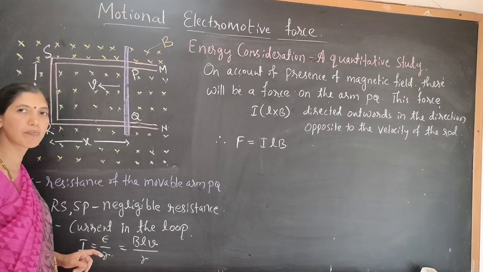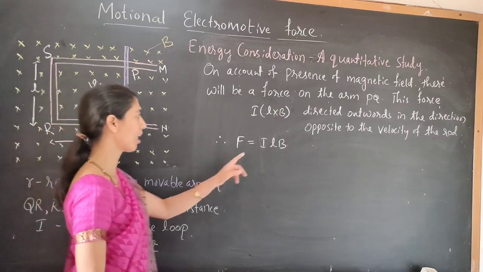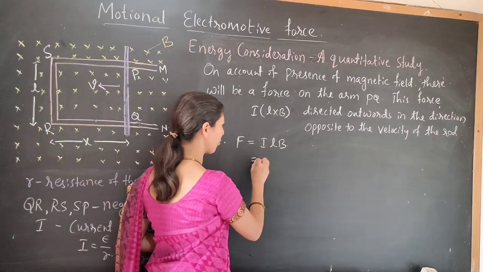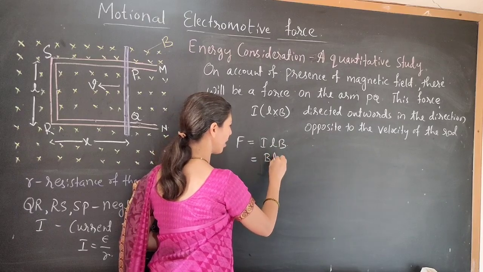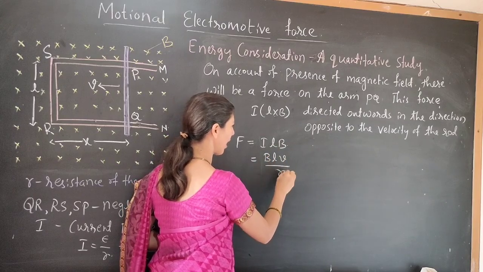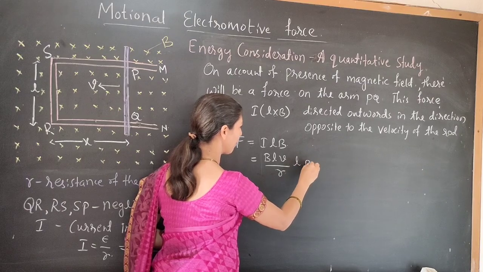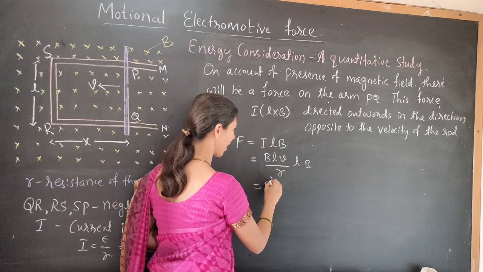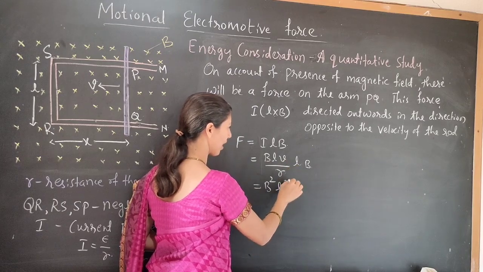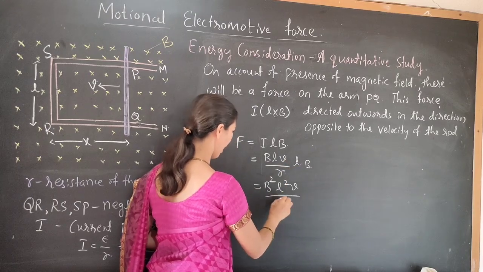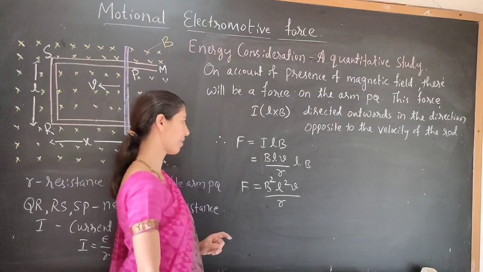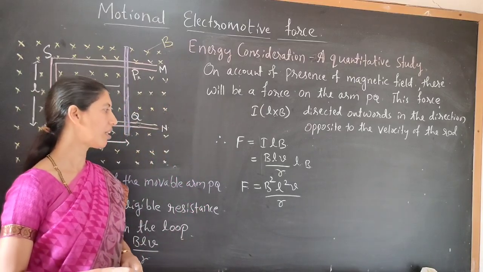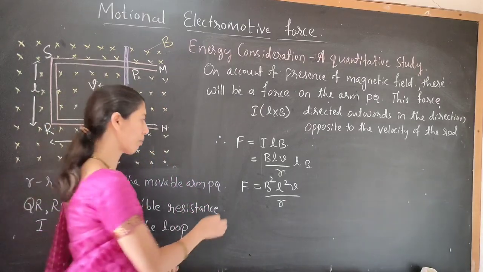So I is equal to B into L into V divided by R, and again F is I into L into B. So B into B is B square, L into L is L square, V divided by R. F is equal to B square L square V divided by R.